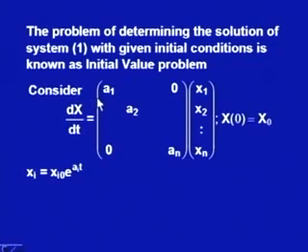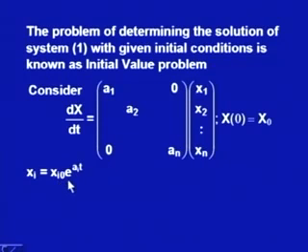So, we first solve the first equation in the system, that is dx1 by dt is equal to a1 into x1. This is a first order differential equation and it is very easy to solve, and its solution will be x1(t) is equal to x10 times e to the power a1 t.